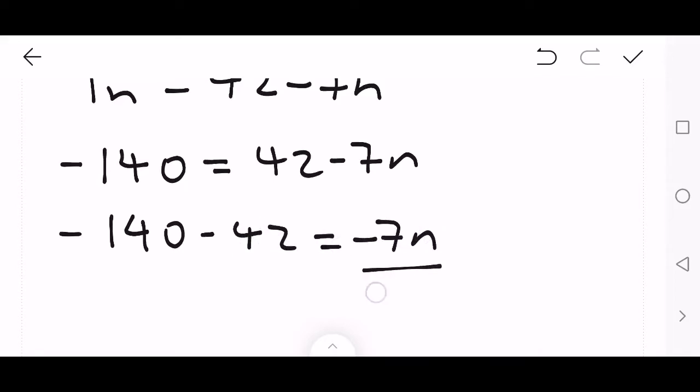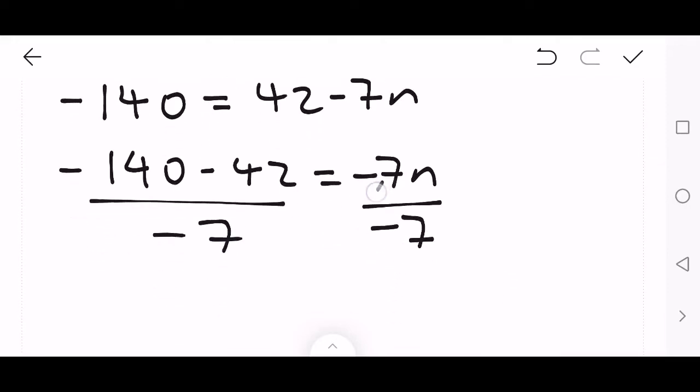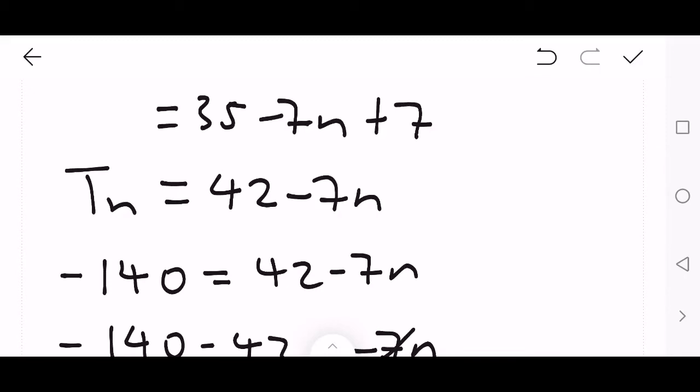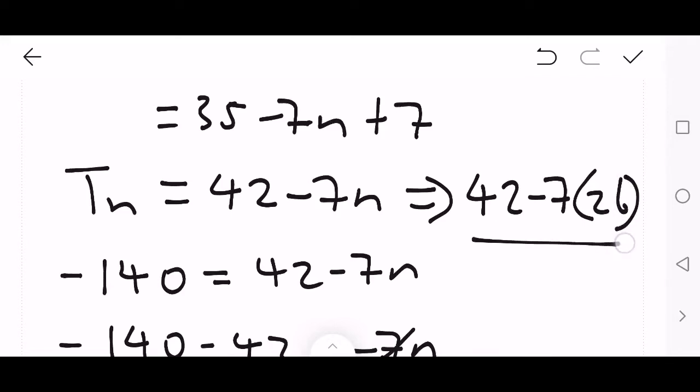And we just need to divide both sides by minus 7. We're left with n equals, so put that in the calculator and you'll get the answer. n equals 26. And you can prove this by substituting the 26 back into this equation like so. So you have 42 minus 7 into 26, and then just see what the answer will be for that.